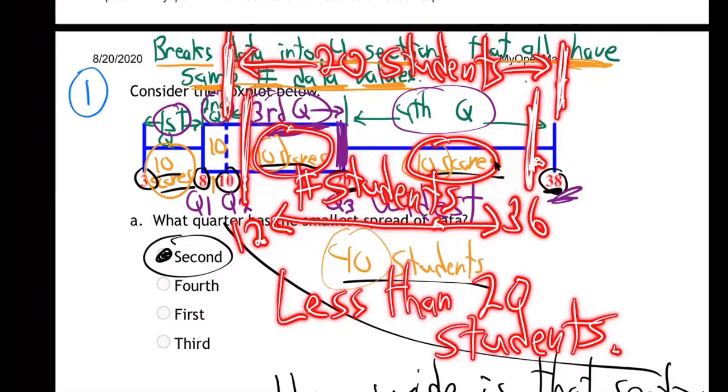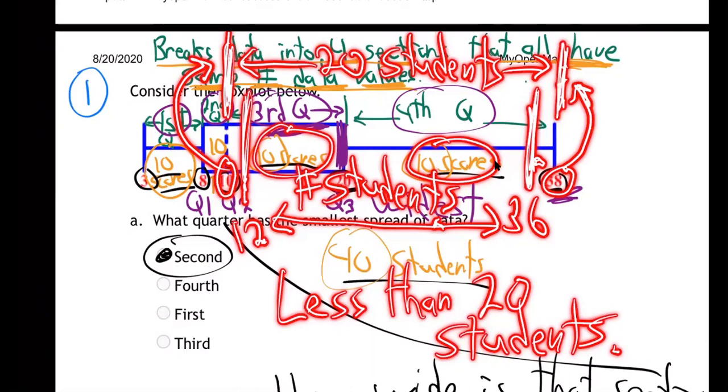So see how on the diagram, if they had asked me to go from 10 right here to 38 right there, then that would have been 20 students, wouldn't it? Does everybody see that?